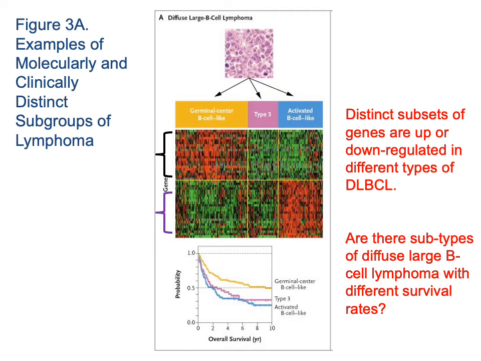Okay, so if we know that individuals with the activated B-cell-like lymphoma, where the survival is not as good, have the purple genes upregulated, maybe we could target one of those genes and try to decrease its expression by RNAi or something like that, right? So there are definitely possible treatment implications as well as these diagnosis implications.